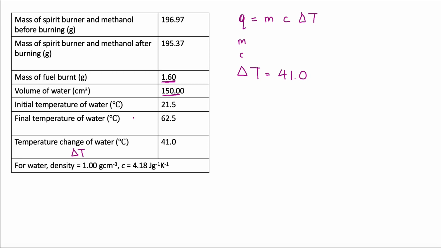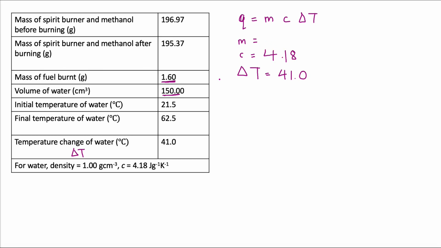So don't worry at this point about converting anything to Kelvin. We can just keep it in degrees Celsius. So that stays as 41 degrees Celsius. And over here, the specific heat capacity, which is our value C, we've been told that for water the specific heat capacity is 4.18.